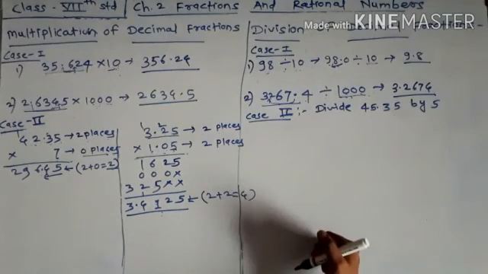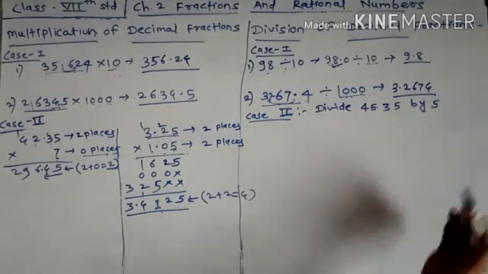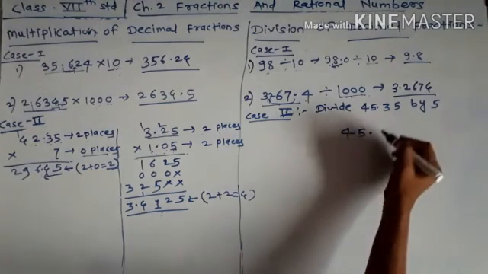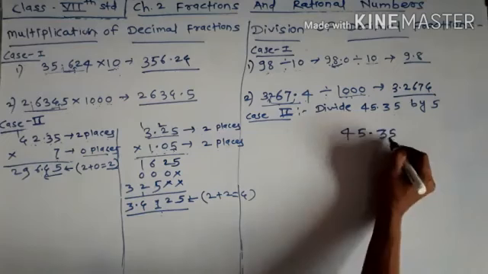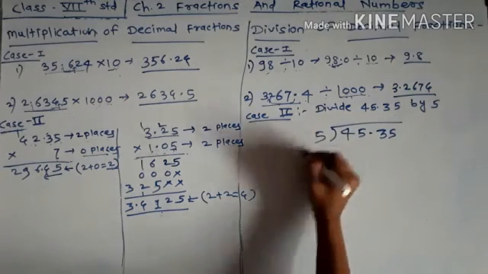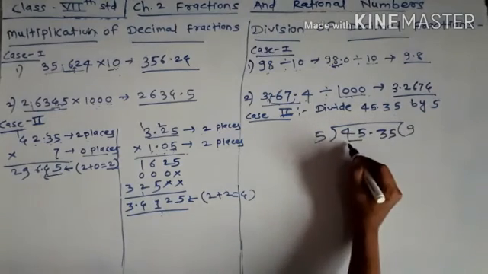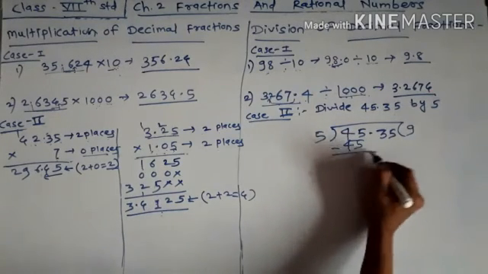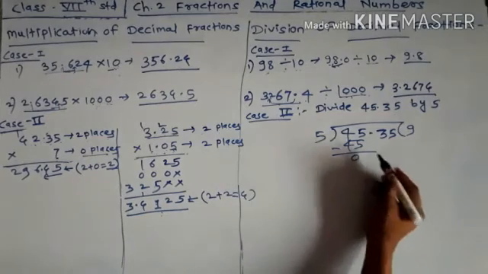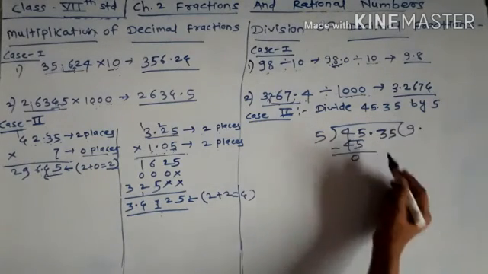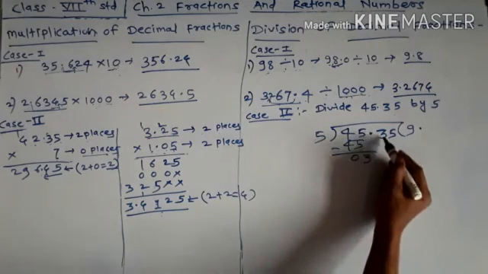So now in the second case, to divide decimal fractions by a whole number. For example, suppose here we have to divide the decimal fraction 45.35 by 5. First we divide 45 by 5, that is 5 9s are 45 and we get 0 as remainder. Then we put the decimal point in the quotient and take the next digit.